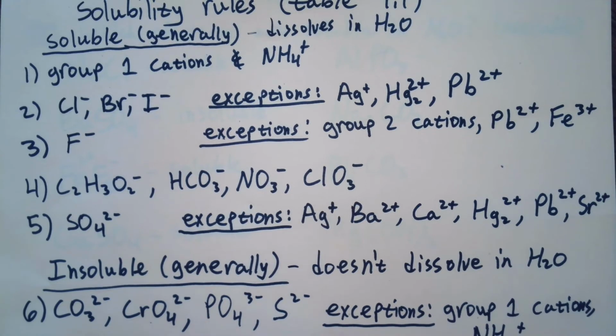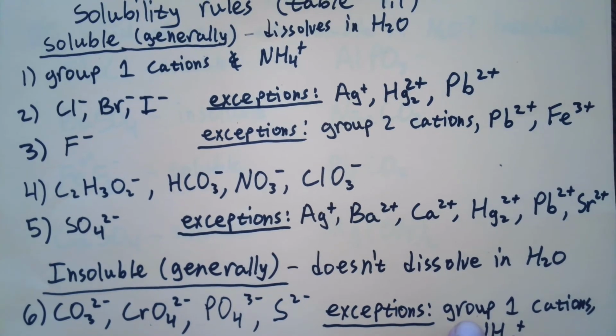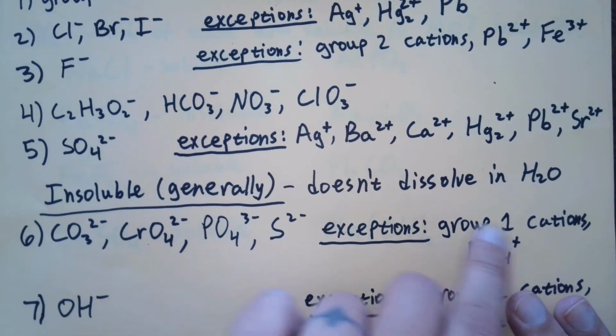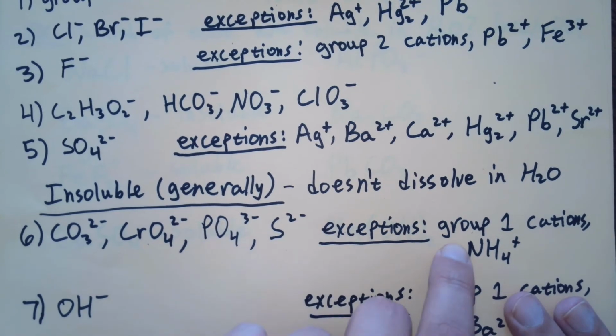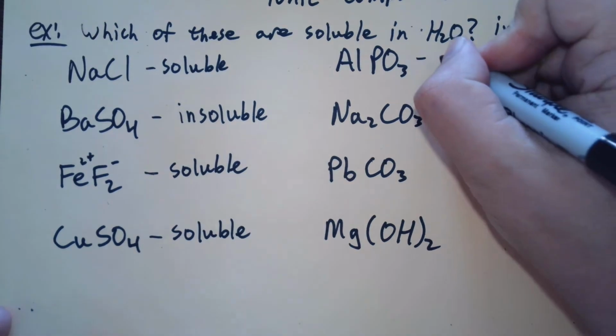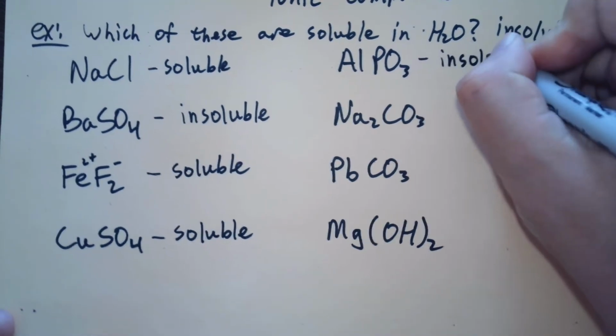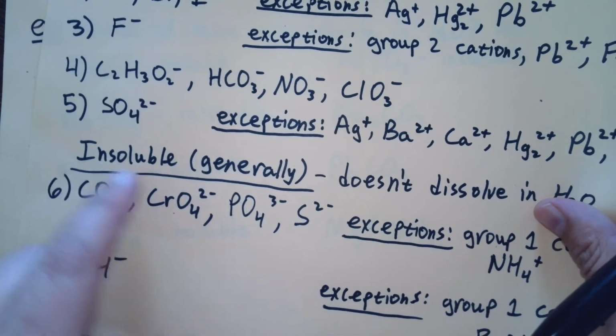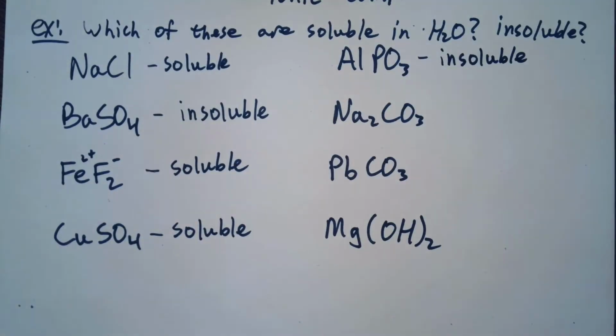They're generally insoluble unless they're paired with stuff from the first rule. So it's not a group 1 cation, it's not NH4+. Aluminum is none of those. Therefore it is insoluble. Because remember, this is going to be insoluble unless there's an exception.